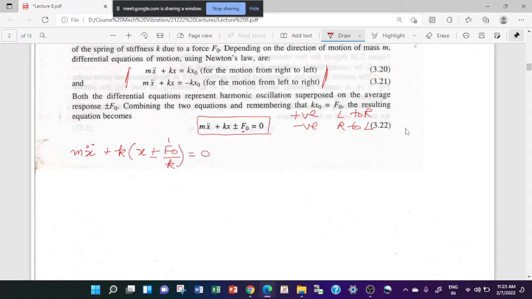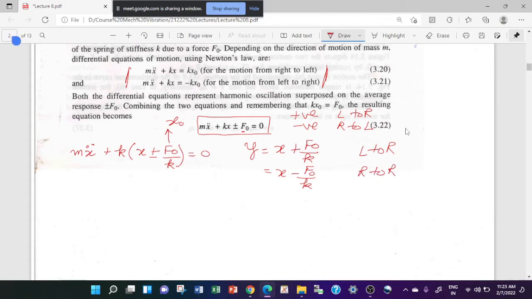I will write this is equivalent to small x 0 in future. So if I assume a new variable here that is equal to y, it is equal to x plus f naught upon k when system is moving left to right. I will use the same symbol y here but having a different meaning, that is your x minus f naught upon k when system is moving from right to left.